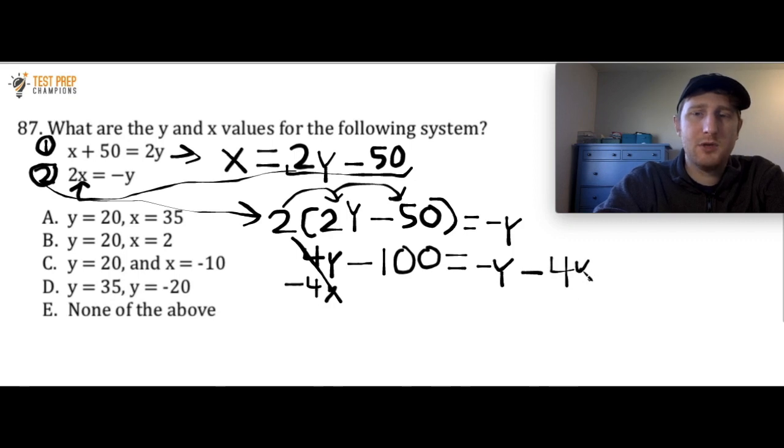Think of this like negative 1y minus 4y. Well, that is going to give me negative 5y. So I can rewrite this as negative 100 equals negative 5y.